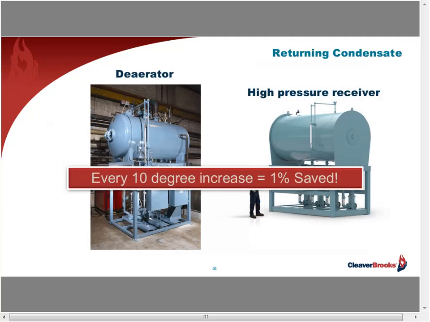I spoke earlier about makeup and the need to monitor this with a good water meter. Now, if you find you have a lot of clean condensate being lost, stop that and begin returning it to your boiler system, be it a DA or a vented receiver. And if the condensate is high pressure, consider installing a high pressure condensate receiver to feed the boiler directly.